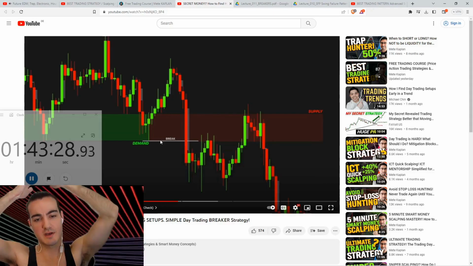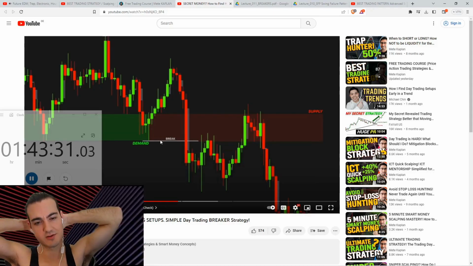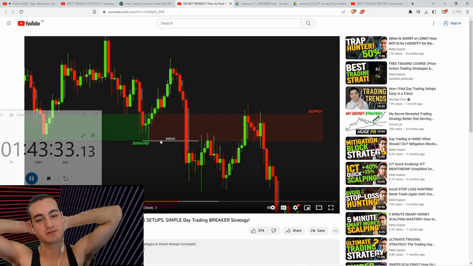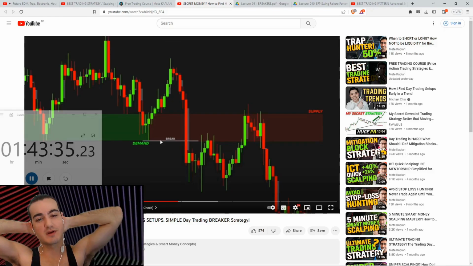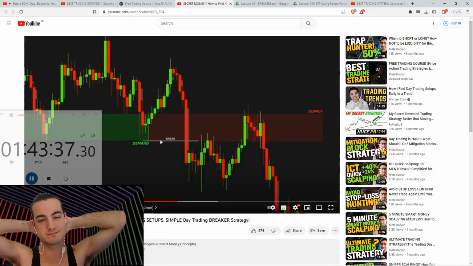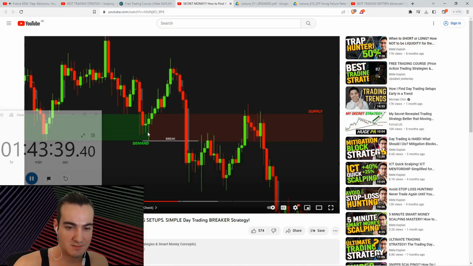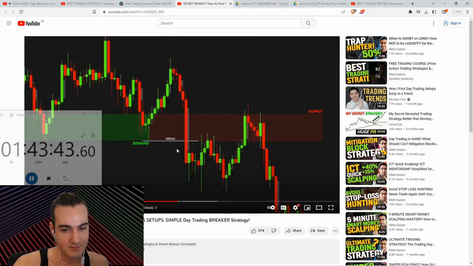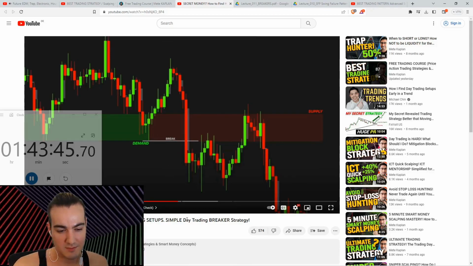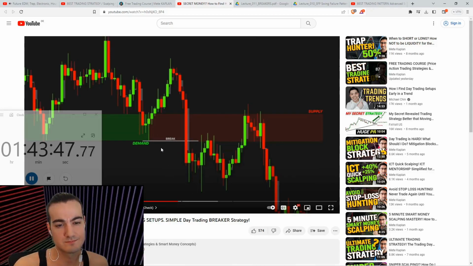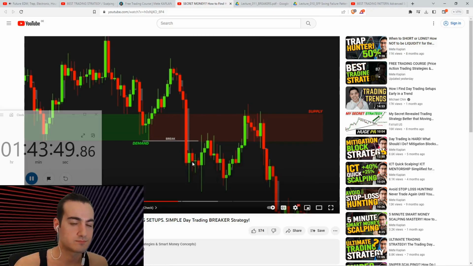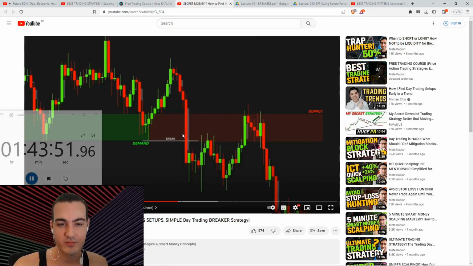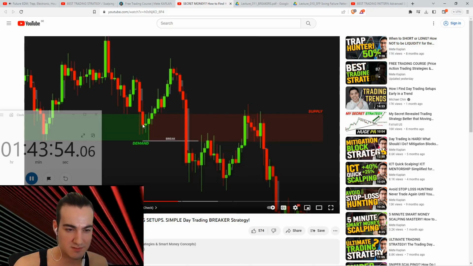Now I'm wondering why the color switches from demand to supply, green to red, at this candlestick here and not this candlestick here. I'll have to look into that later. Perhaps after the break, we return to the previous swing.